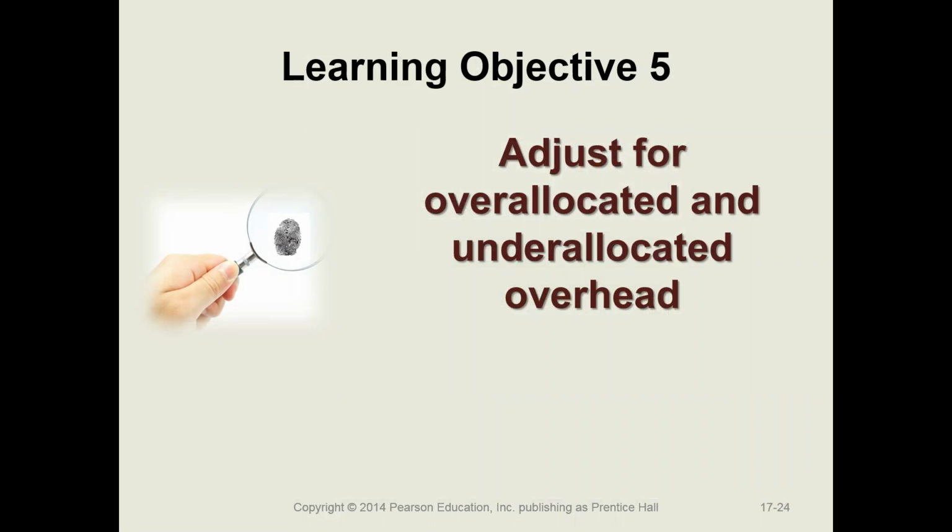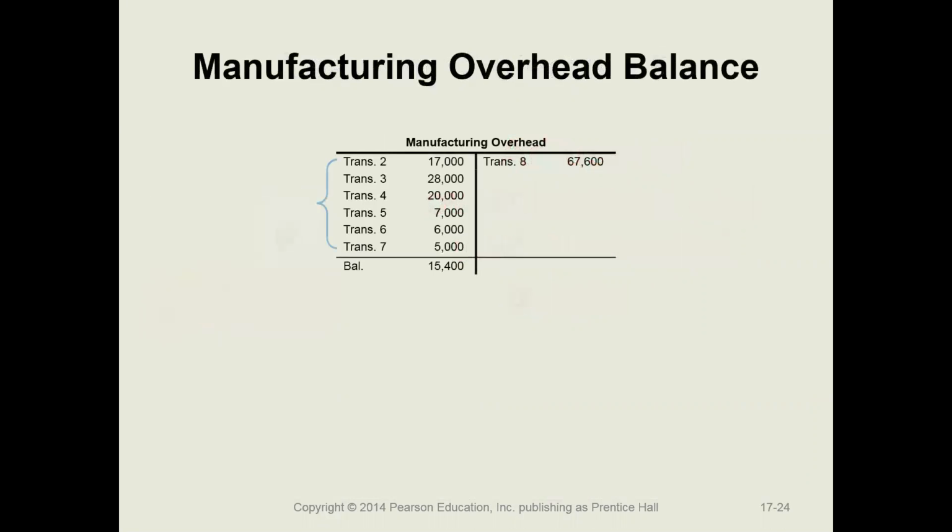Okay, so what happens at the end of the period? We used estimates to charge jobs for overhead because we needed that number ahead of time as we did jobs during the month. So what happens at the end of the month when we actually get the actual amount? Here's manufacturing overhead, and these are all the actual costs that are accumulated in this account related to manufacturing overhead.